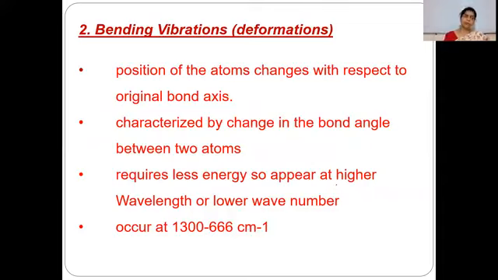The second type of molecular vibrations are bending vibrations. Bending vibrations are also known as deformations. In bending vibrations, the position of the atoms changes with respect to the original bond axis. It is also characterized by the change in bond angle between the two atoms.